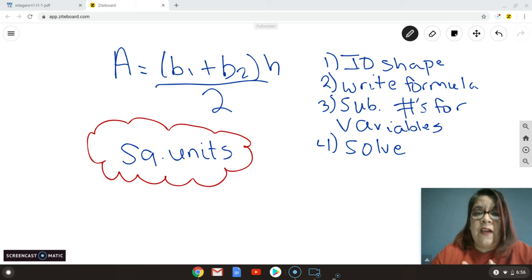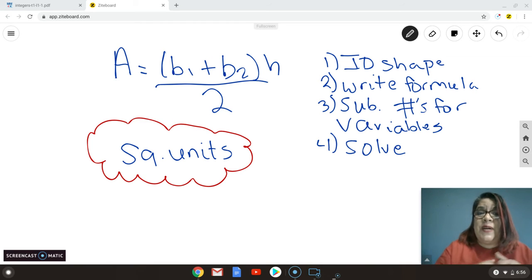We're going to go over a few things before we do a few practice problems together. The first thing that we're going to talk about is our formula for area of a trapezoid, and I already wrote some stuff down for y'all. Area of a trapezoid is base 1 plus base 2. And what do those parentheses mean that we do?